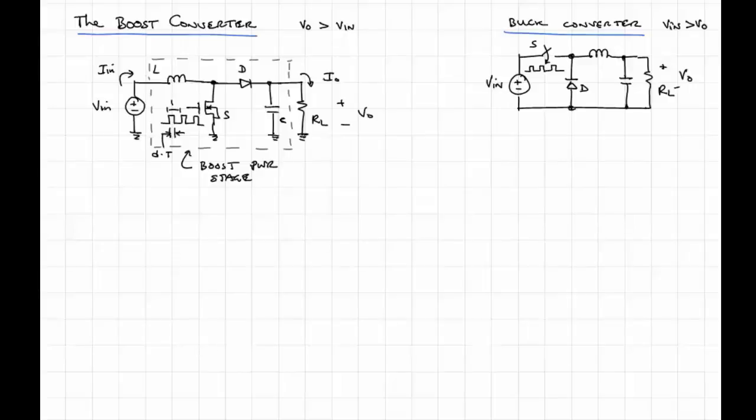The switch is turned on and off rapidly, but we vary not the frequency typically, although sometimes that's done, but here we'll talk about varying the duty cycle, the percentage of time that the voltage at the gate is greater than the threshold voltage, meaning the percentage of time that the transistor is on compared to its switching period.